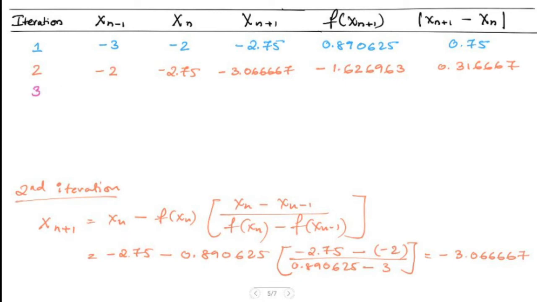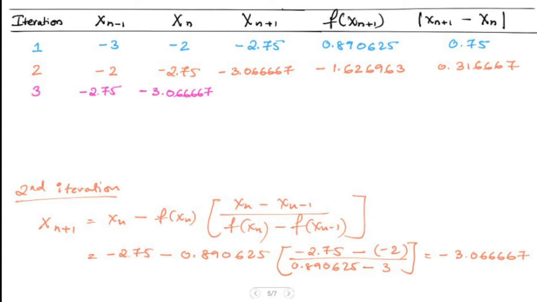Okay, now let's go ahead and do the third iteration. In the third iteration now, our xn becomes xn minus 1. So here we have minus 2.75, and our xn plus 1 is now our new xn, which is minus 3.066667. And now for the third iteration, again we'll use all the values here.